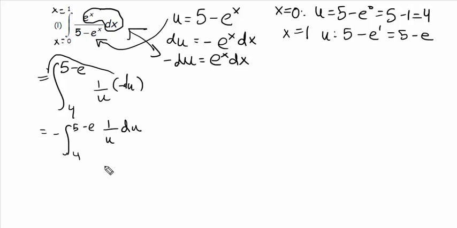Sorry about that. Now the antiderivative of 1 over u is natural log of the absolute value of u. So we have negative natural log of the absolute value of u, which we're evaluating from 4 to 5 minus e.